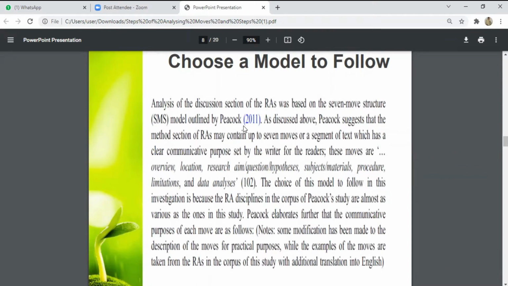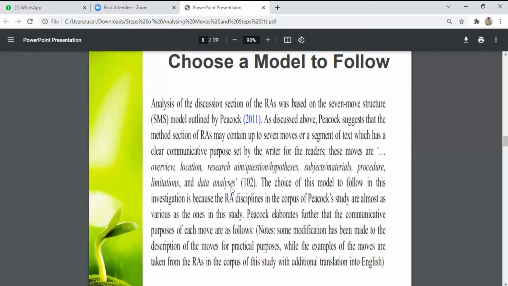So here, Peacock suggests that an article discussion may contain how many moves? One, two, three, four, five, six, seven.